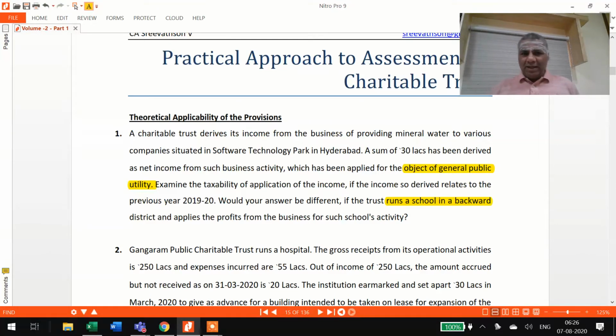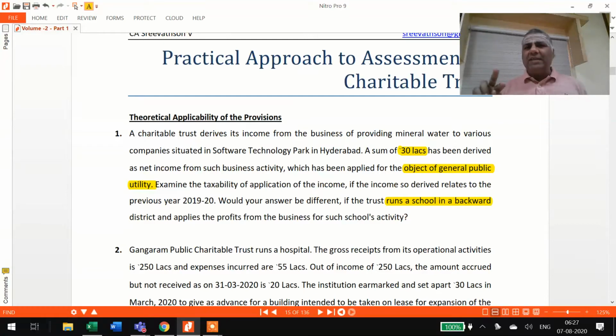Okay, so now we are going to see whether the whole trust is application driven. But just because you have applied it for good activity, saying 'Sir, I have got business income and I spent it for good activity', that is not the criteria. You are not supposed to earn business income if you are a trust falling under object of general public utility.